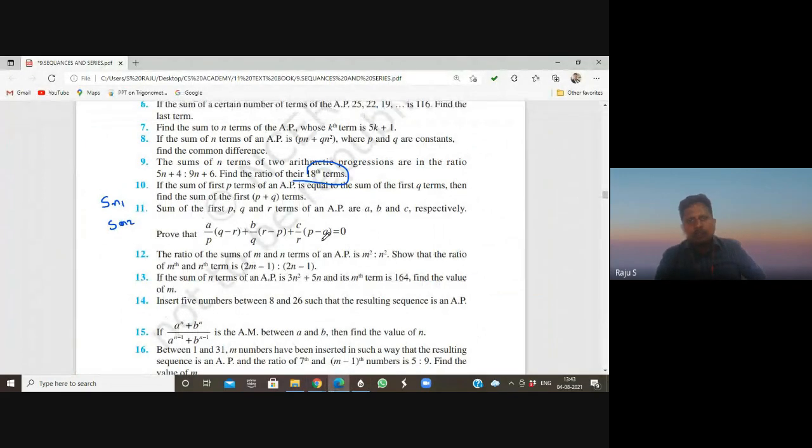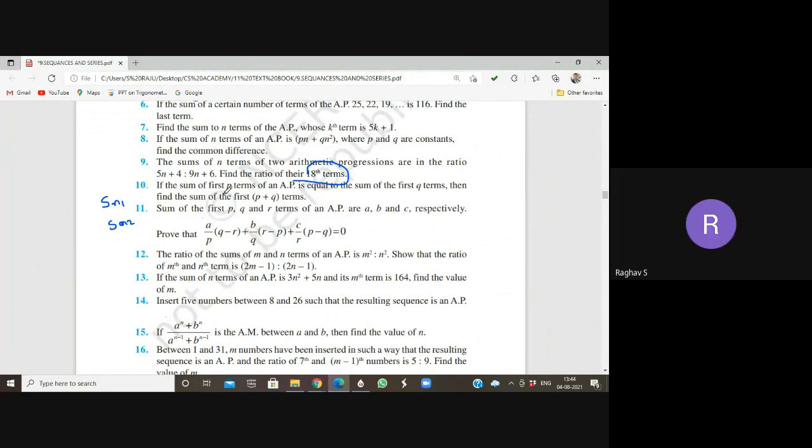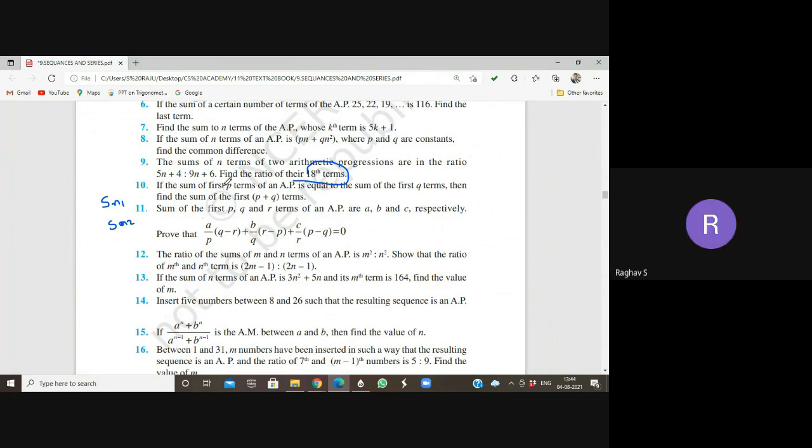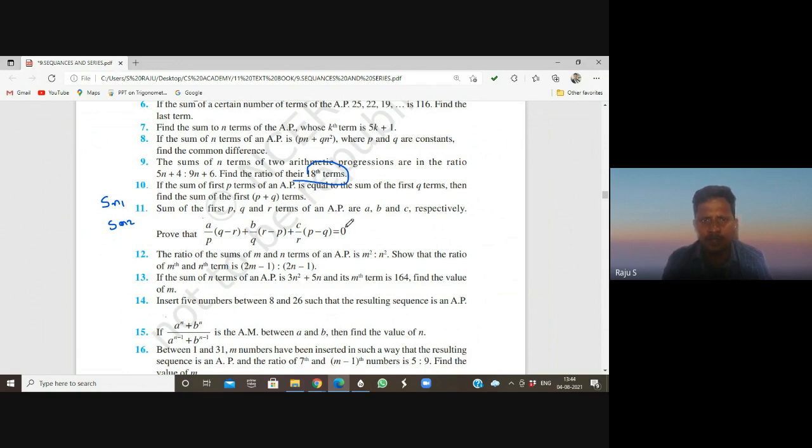The next question is easy. The answer is already given, prove that it is 0.